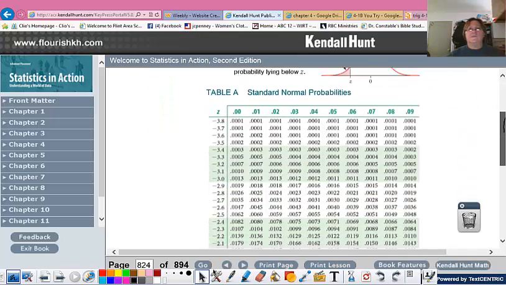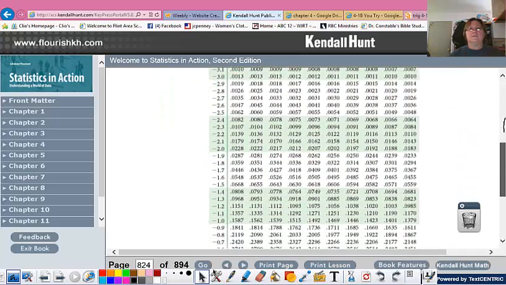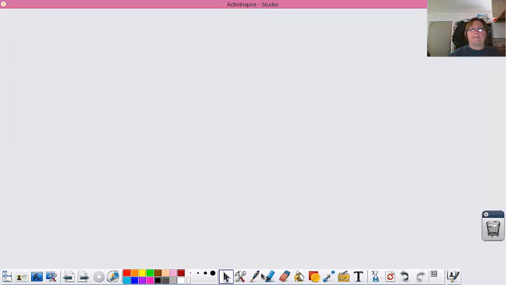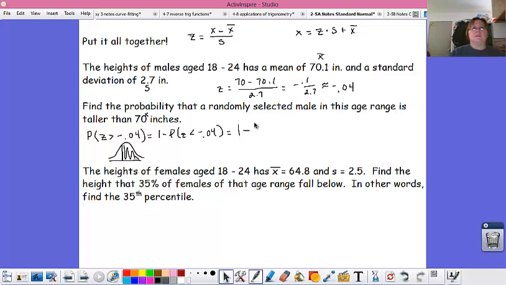Negative 0.04, negative 0.0, 1, 2, 3, 4. There it is, 4840. All right, so 1 minus 0.4880.